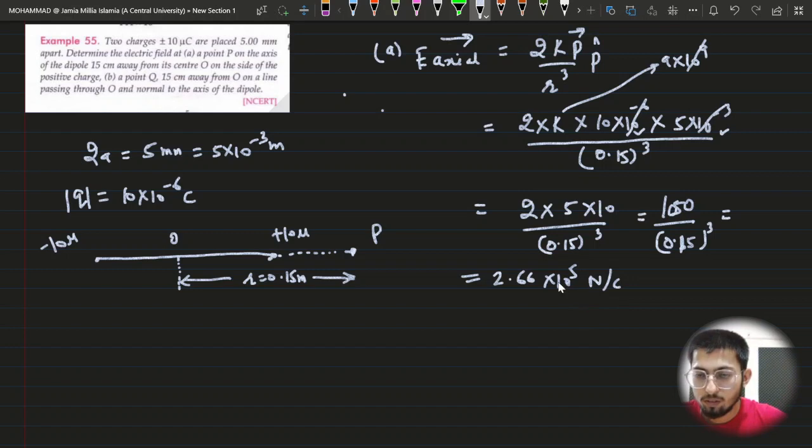Electric field is Newton per coulomb, right? Force per unit charge. So this is the electric field axial, and direction will be in the p cap direction.